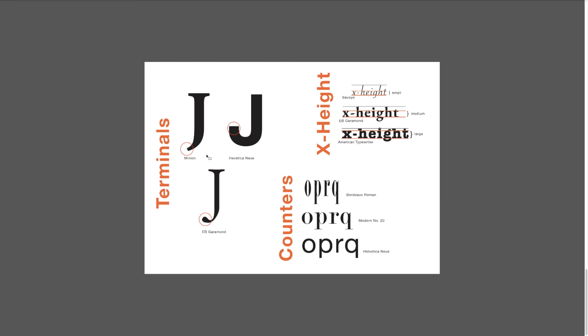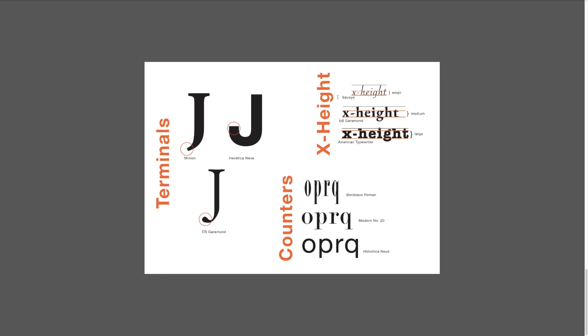So you can see here on Minion, this one is a little graduated. On Helvetica Neue, it just abruptly ends, and it's the same width as the stroke width. And on EB Garamond, it becomes bulby. Each of the terminals presents a different look and feel and functionality.